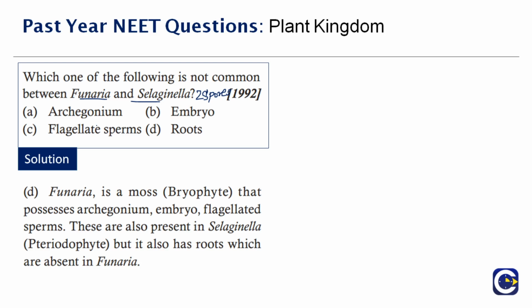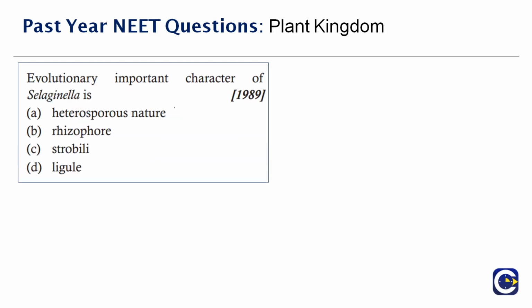Funaria belongs to mosses and to bryophytes. Selaginella belongs to pteridophytes. Archegonium, embryo and flagellated sperms are all present in both. The only difference is that Funaria does not have roots while Selaginella has roots. Therefore, the correct answer to this question is option D, roots. Now let's move to the next question here.